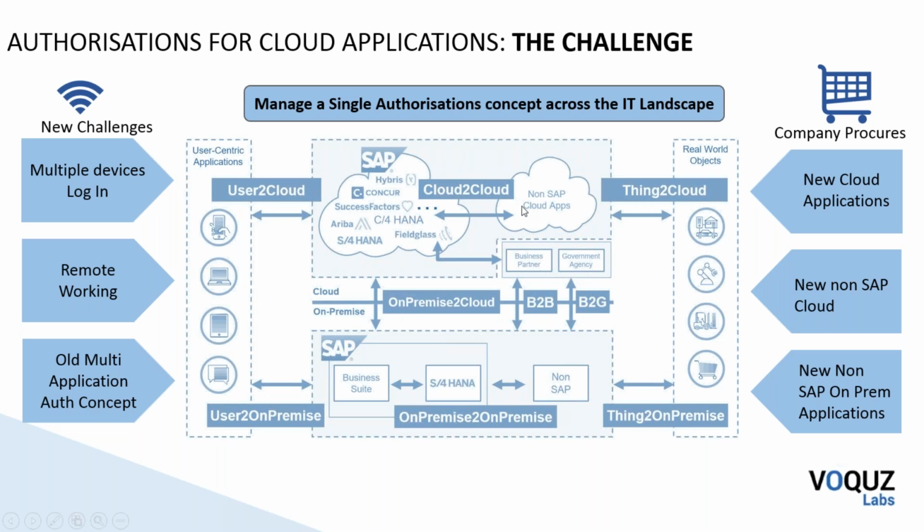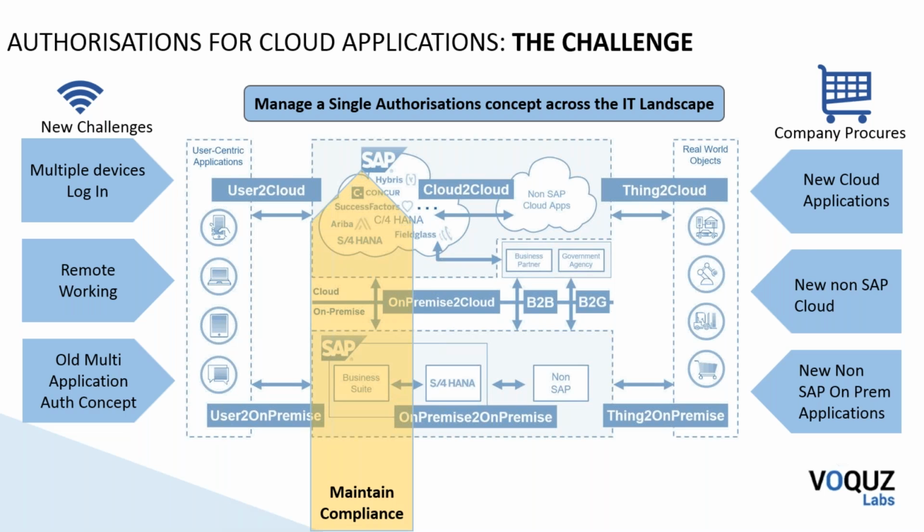So you still need to make sure that your users' access to those applications can be covered from a single authorization concept. And then on top of this, we also have some new non-SAP on-premise applications as well. We'll need to look at that in the future and potential other webinars: how do we deal with non-SAP on-premise applications? How do we actually manage authorizations when you're sitting from an SAP perspective across this entire new architectural landscape?